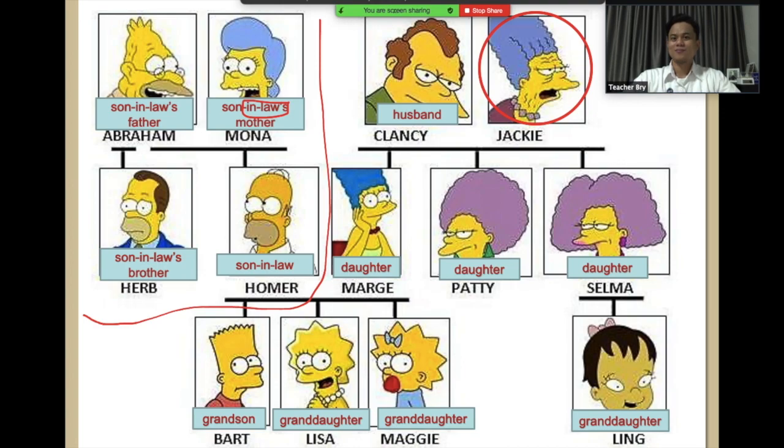Grandchildren. Correct. There are 4. And who are they? Bart, Lisa, Maggie, and Ling. So grandchildren, it could either be a boy or a girl. Okay, so this is the family tree of Jackie.